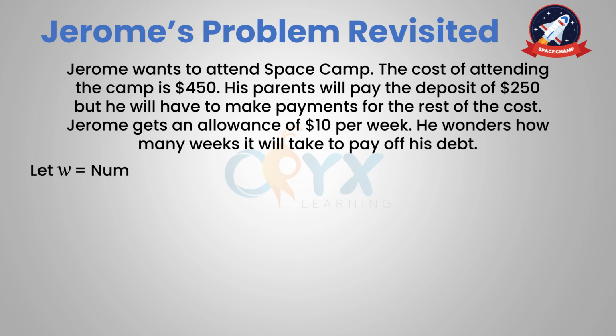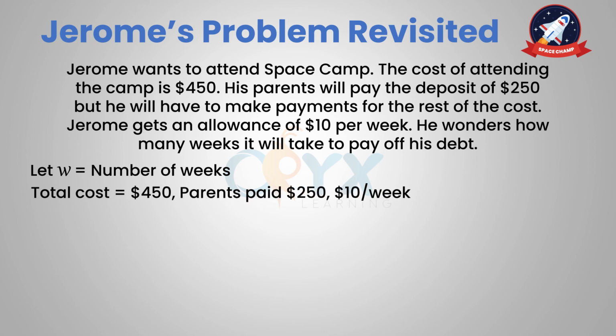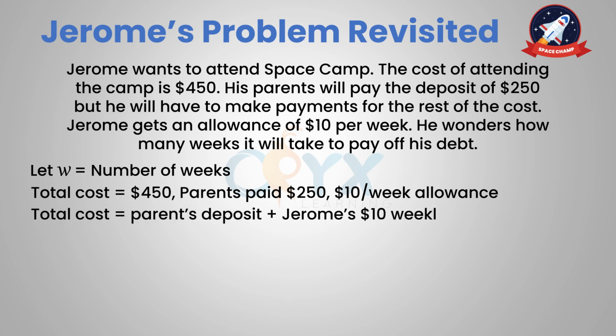Well, if we let W equal the number of weeks, the total cost is $450. His parents paid $250, so the total cost equals the parents' deposit plus Jerome's $10 weekly payments. So our equation becomes 450 equals the deposit paid, $250, plus $10 a week times the number of weeks, which we called W.